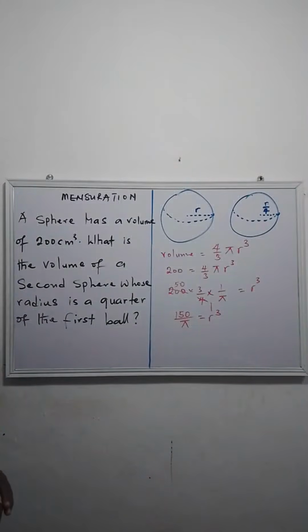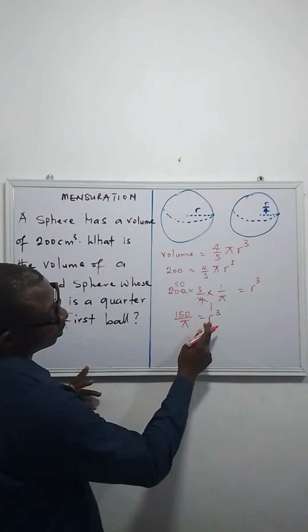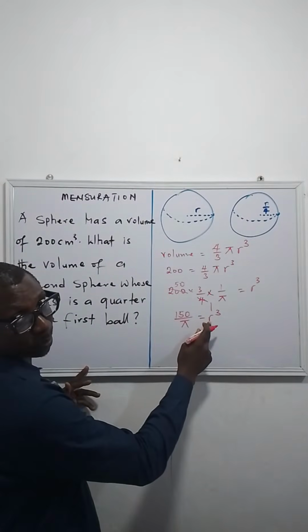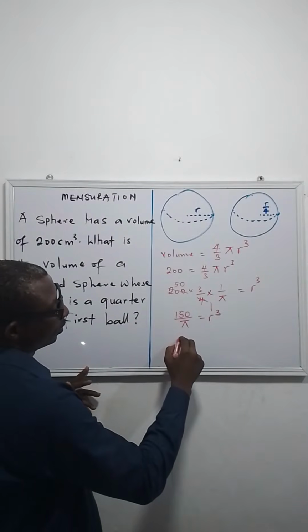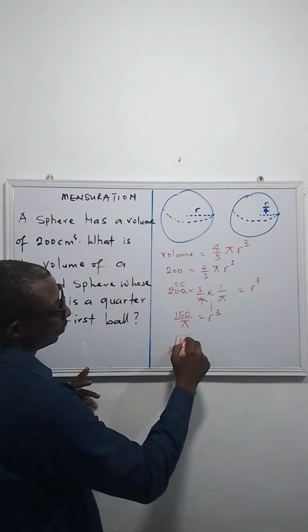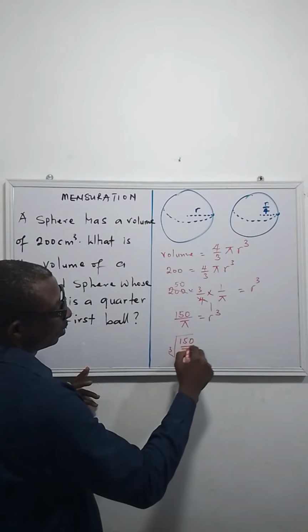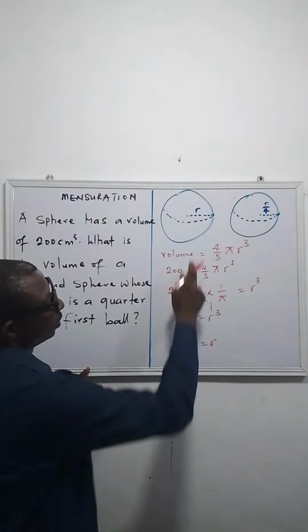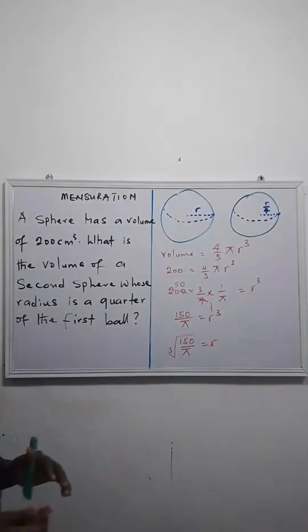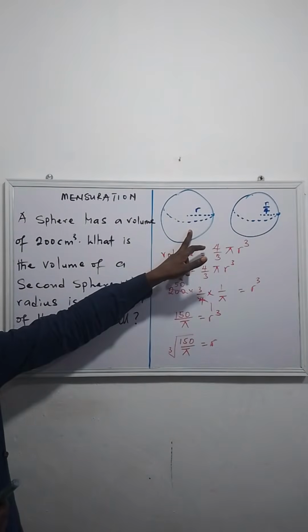I hope we all understand that. Okay, so now let us make r the subject of the formula. So we have cube roots of 150 over pi equals r. So this is the radius of this first sphere.